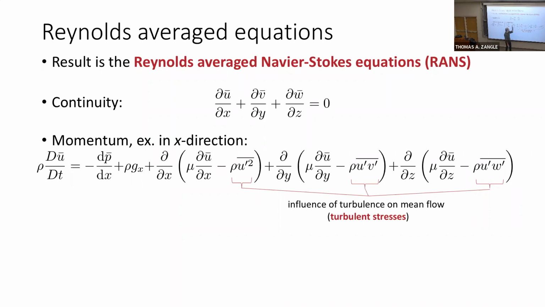These terms, rho times the mean of u prime squared, rho times the mean of u prime v prime, rho times the mean of u prime w prime, describe the influence of turbulence on the mean flow.